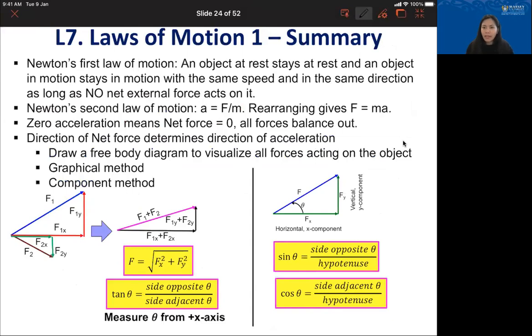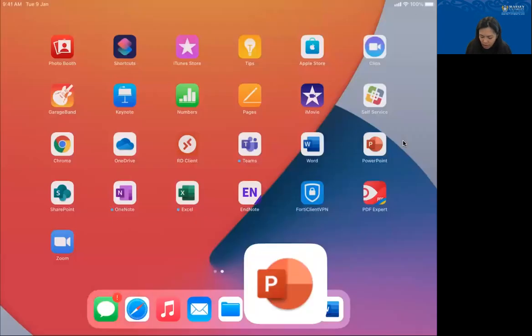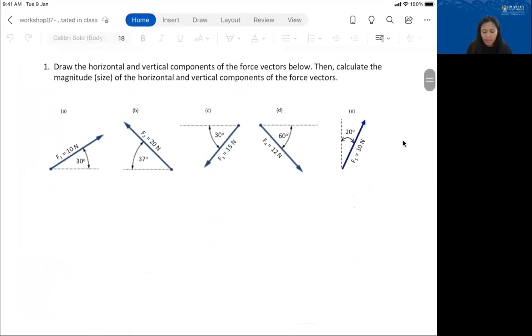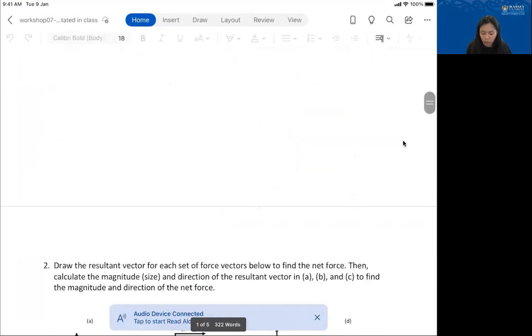Right, so that's essentially our lesson for today, and you will do a lot of practice in the workshop. So you can proceed to the workshop and look at the workshop problems. It's getting the components: given the diagonal force and the angle, you'll get the x and y components of the diagonal forces.